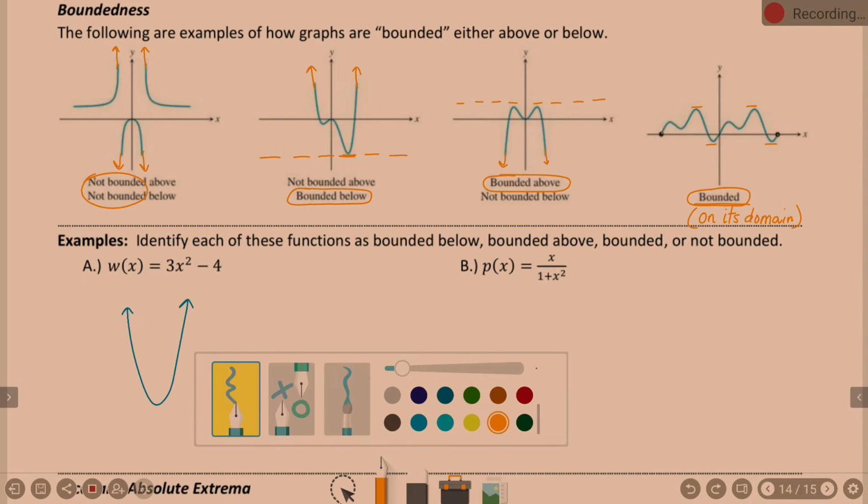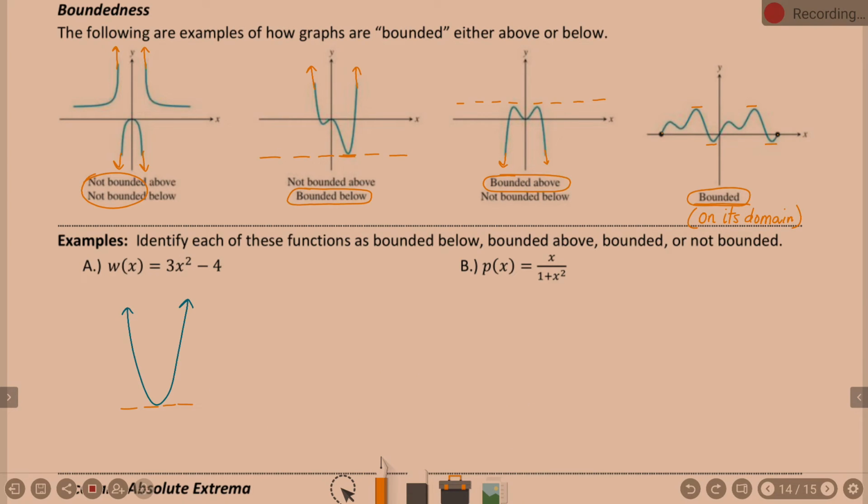Well, this is bounded below. Is there a low point it will never go past? Yeah, it will never go past the y value right here. And if that graph didn't come to your brain, could you have graphed it on the calculator? Yes, by all means, graph them on the calculator. So this is bounded below.